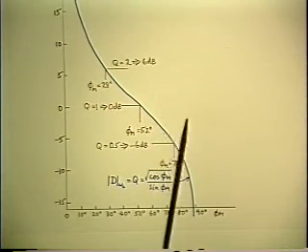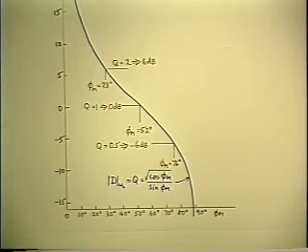And the important thing about this result is it's inescapable. There's nothing you can do about this, because we haven't said a word about the design or what kind of feedback amplifier it is. This is absolutely general. There's nothing you can do about it.